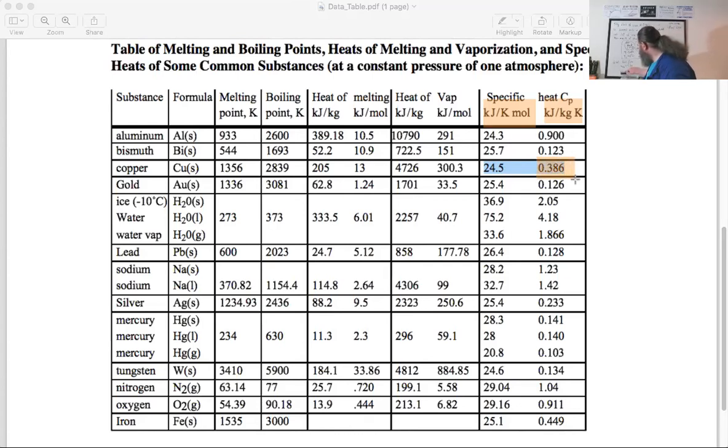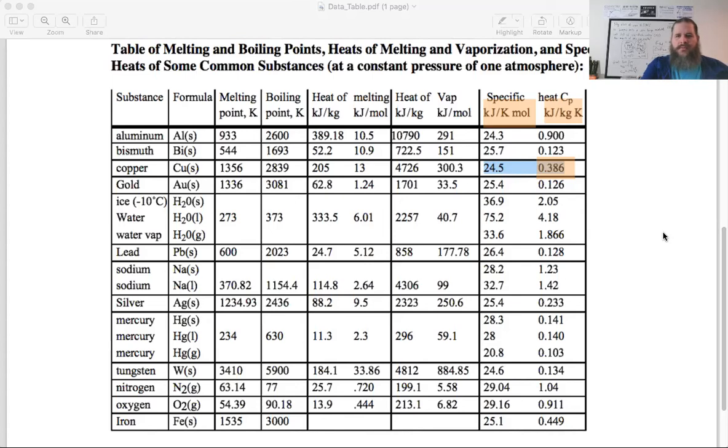So specific heat of copper, which we've been using all along, is 0.386 kilojoules per kilogram Kelvin. And I think that's the main piece of information we're going to need.